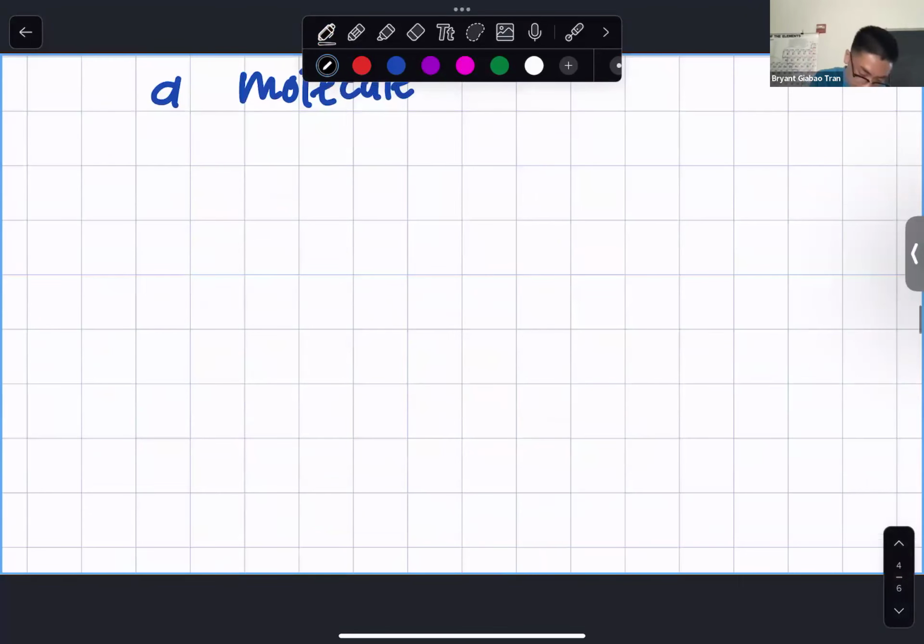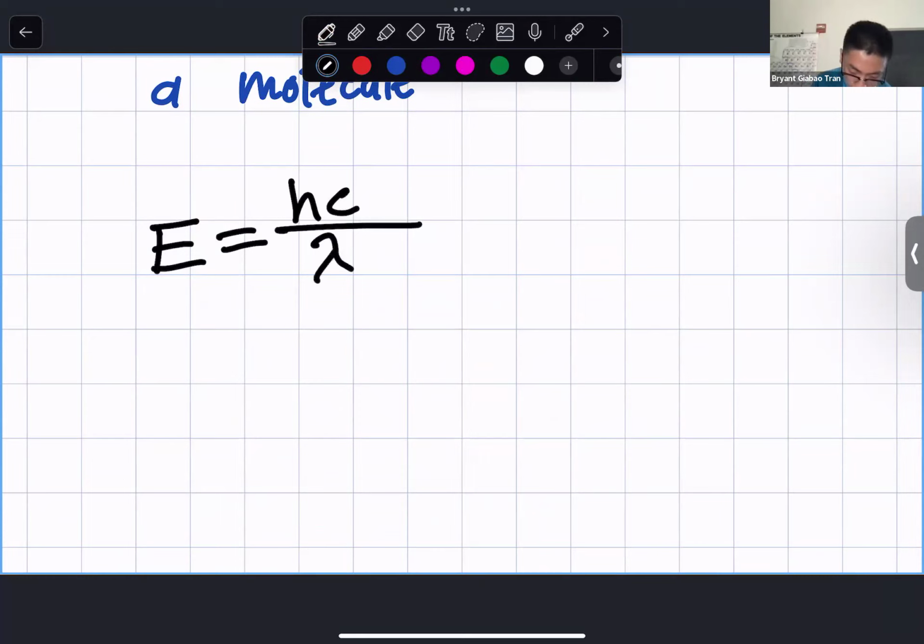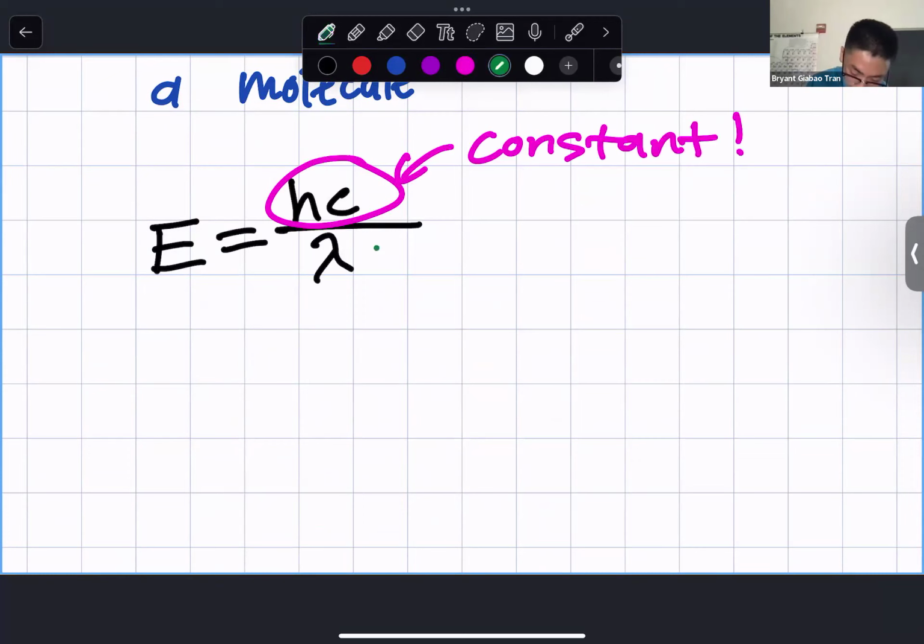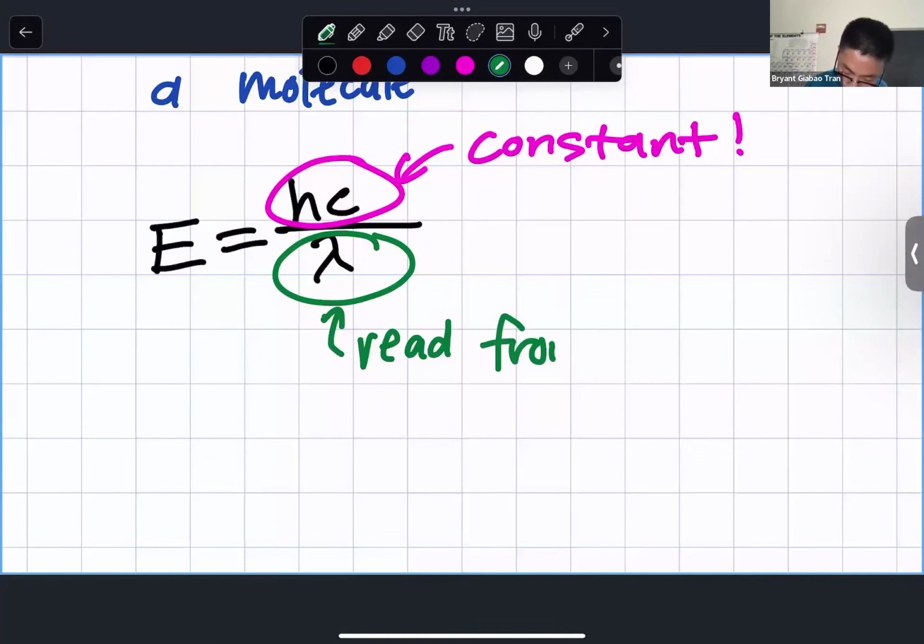E equals Planck's constant times speed of light over wavelength, right? These are constants, the Planck's constant and the speed of light. The wavelength is read from the UV vis spectrum, right?